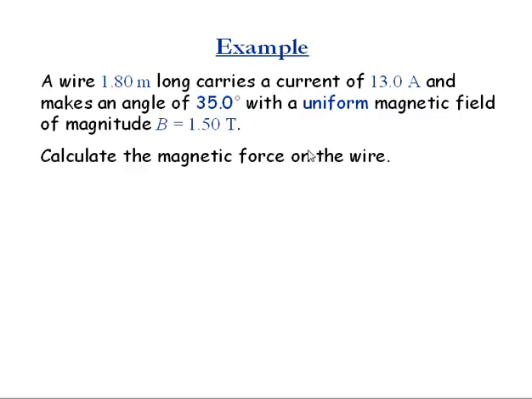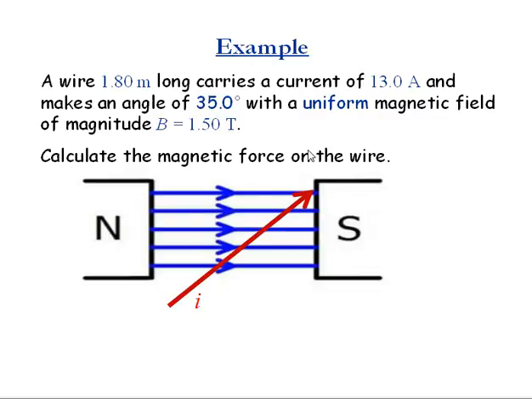Well, how are we going to draw a diagram? Where can we get a uniform magnetic field? We can get a uniform magnetic field between two opposite poles of a magnet. The magnetic field points away from the north pole of the magnet toward the south pole of the magnet. And if we have a current flowing through a wire here, we can show that current flowing in this segment.